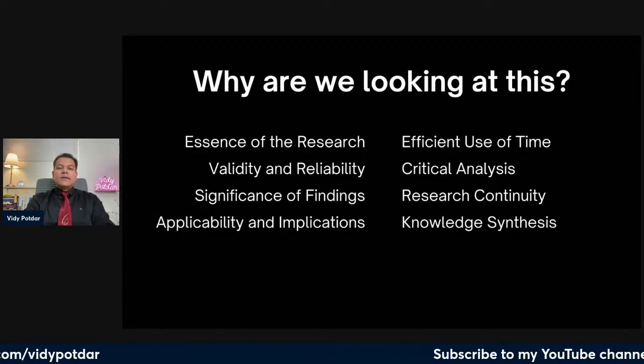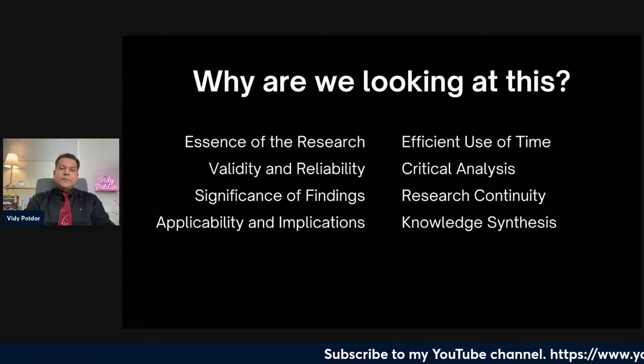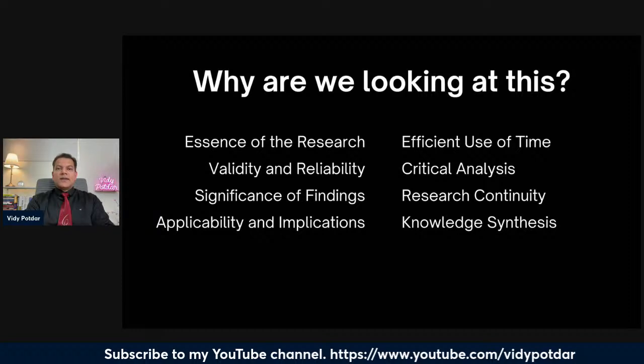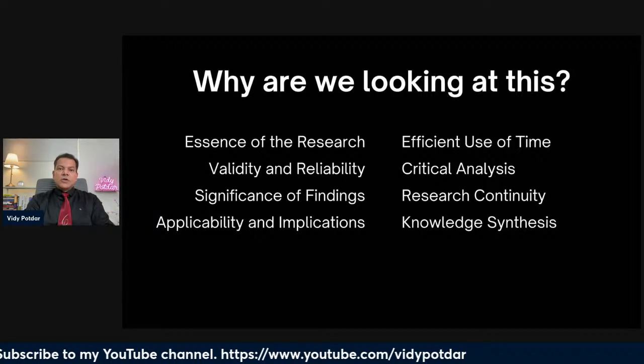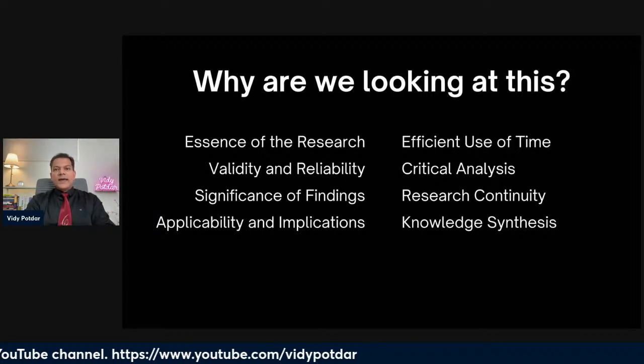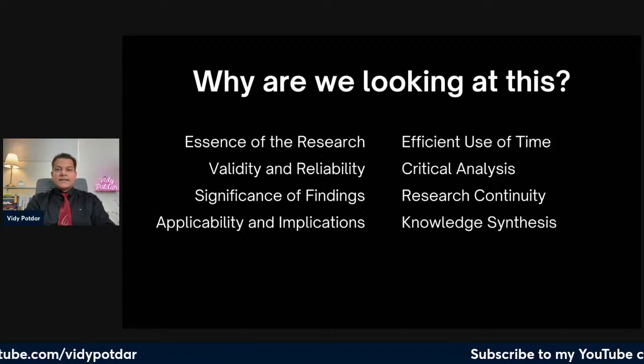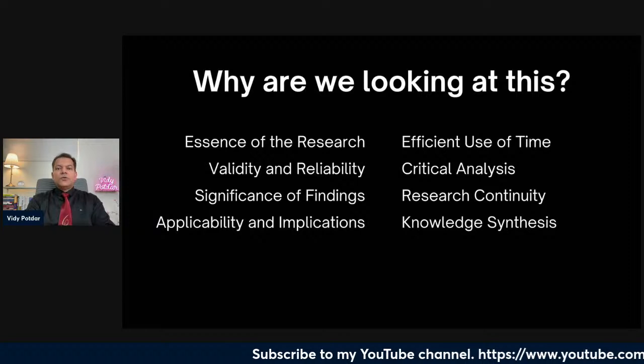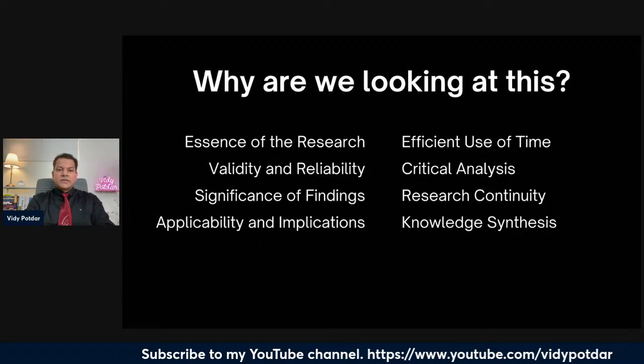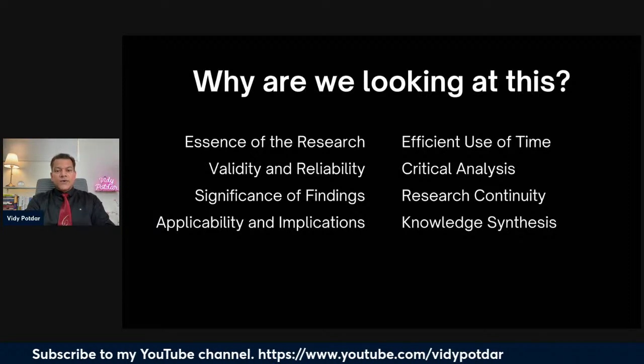You can also look at research continuity. And this is important because if you are in the early stages of your research, you want to understand where this thesis has concluded their research, and where to from here. Where should this research be progressing further?